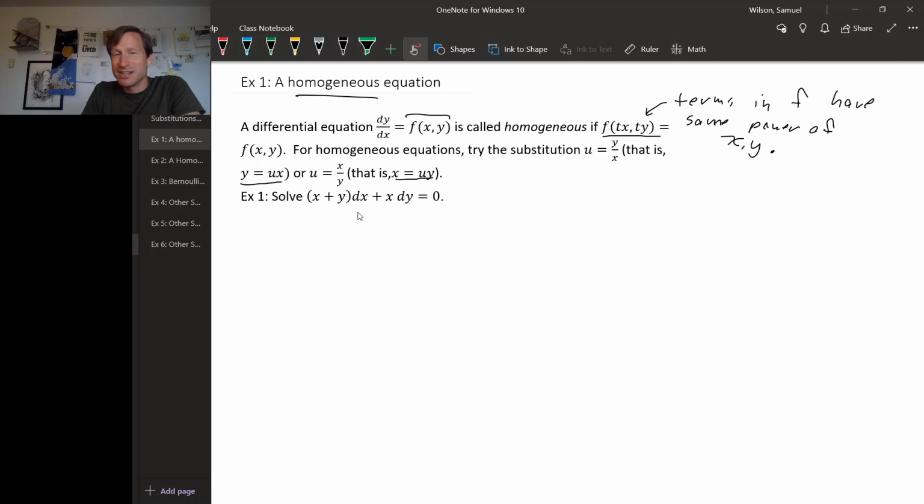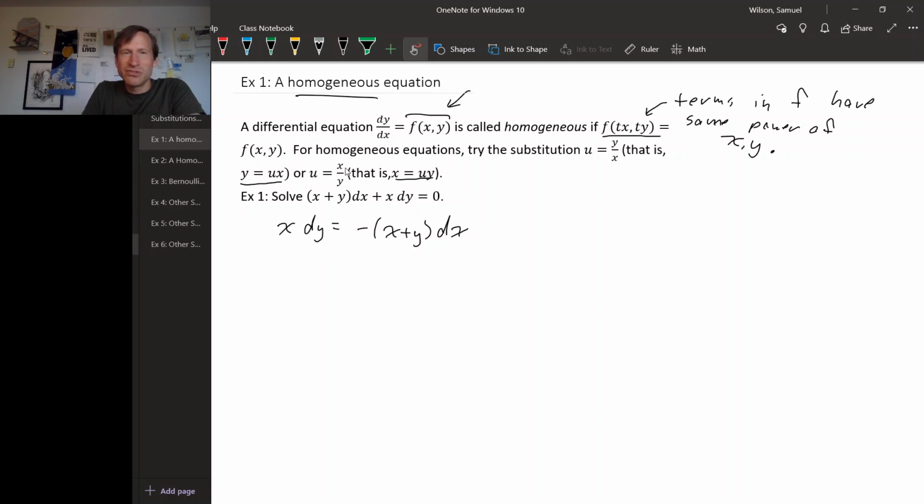Now, it's not clear that this is a homogeneous equation, so let's try to make it look like this to see if it is homogeneous. So first thing we're going to have to do is move the left-hand side to the right. So then we get x dy equals minus x plus y dx.